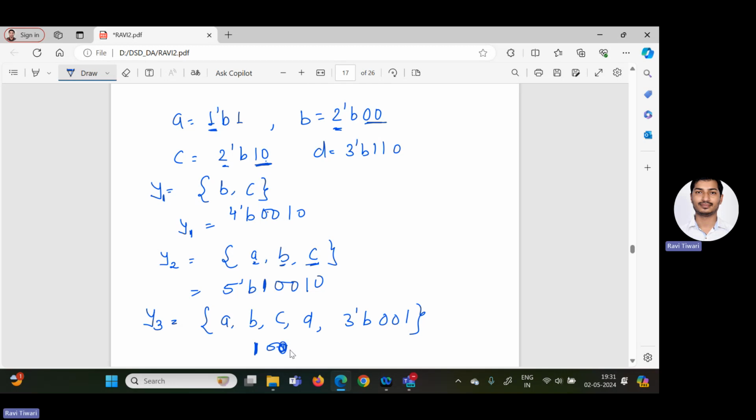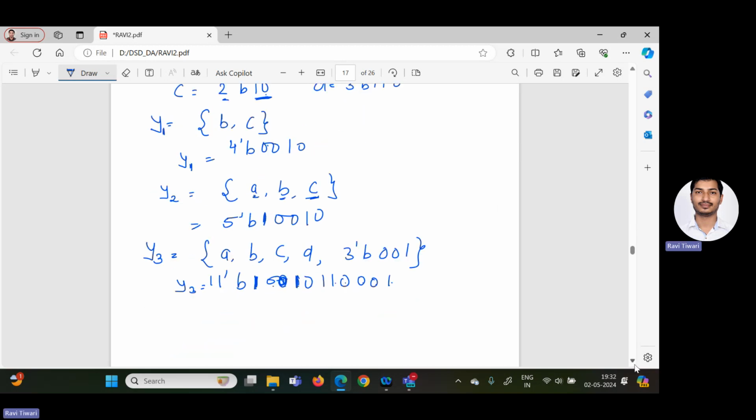C is 10. D is 110. And whatever number is written, you just write down 001. Now you count the number of bits: 1, 2, 3, 4, 5, 6, 7, 8, 9, 10, 11. So here you write down 11'b. Clear? So Y3 will be like this.